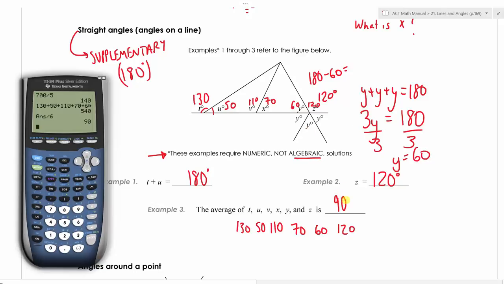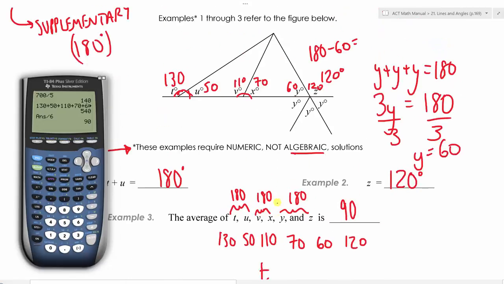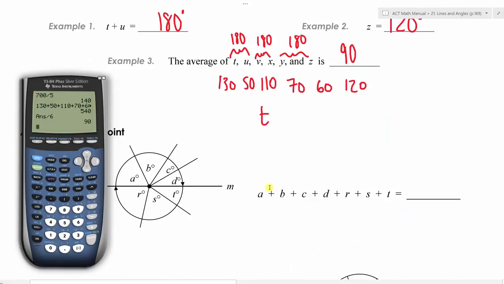Now you might have realized, going through that, how you would do this algebraically. These two would have to add up to 180. These two would have to add up to 180. T and U are in a line, V and X are in a line, and then Y and Z would have to equal 180. So when we add these all together in the average formula, T plus U plus V plus X plus Y plus Z, all over 6.